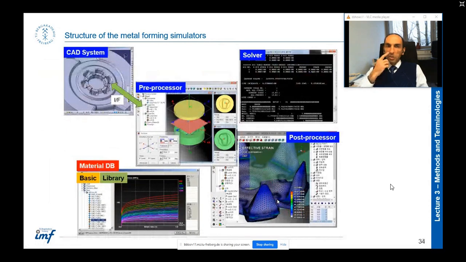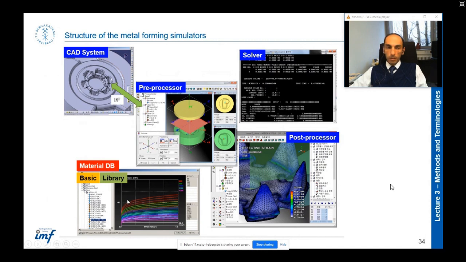Okay, if I want to show it in a graphical way, these are the steps you have to take. On the CAD system, you should design your dies and workpiece, and then using the preprocessor, you give the design into the software. Of course, you should give the material properties from the database of the software, or you should find it in your research or on the internet. In some software the database is available, in some it is not, and in some you should pay for it.